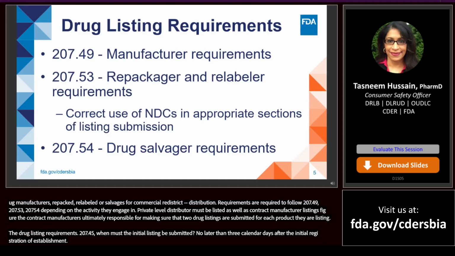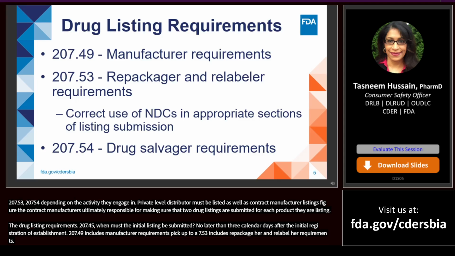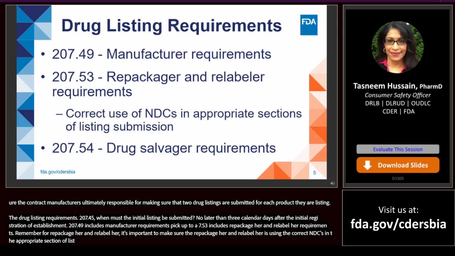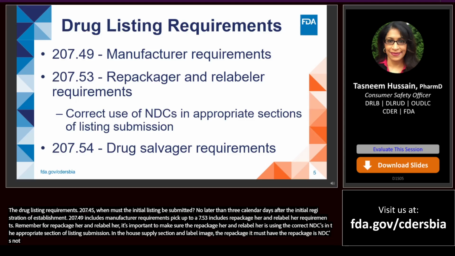And remember here, for repackagers and relabelers, it's very important to make sure that the repackager and relabeler is using the correct NDCs in the appropriate section of the listing submission. So in the house supplied section and in the label image, the repackager must have the repackager's NDC, not the NDC of the source. 207.54 includes drug salvager requirements.